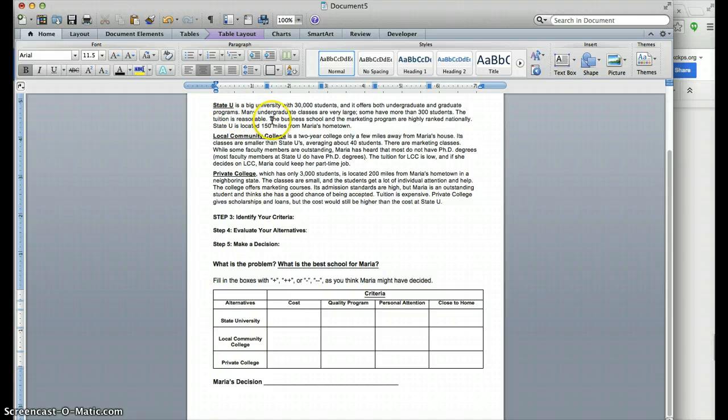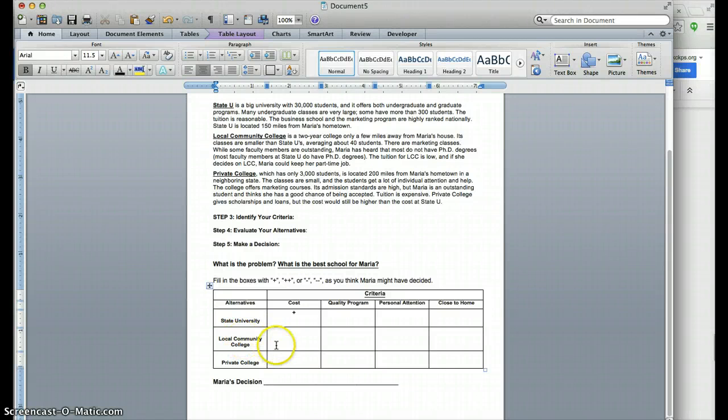State U is a big university with 30,000 students, and it offers both undergraduate and graduate programs. Many undergraduate classes are very large. Some have more than 300 students. The tuition is reasonable, so that is our clue. Based on that information, we could put one plus sign for state university.